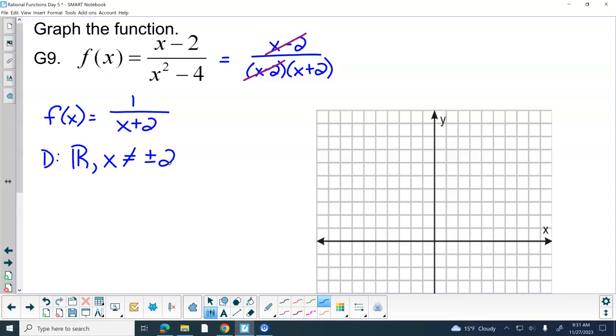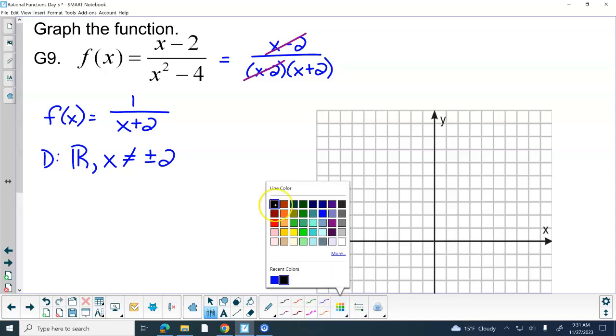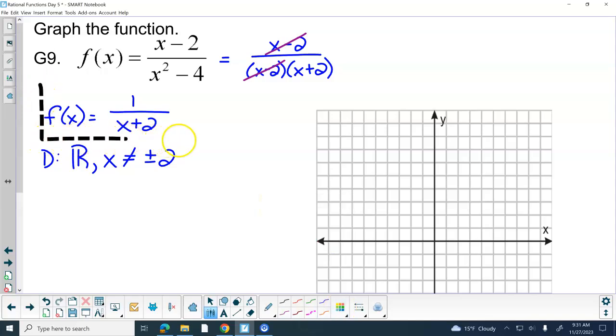With me? Now, I am looking solely at this function right here. For everything now, that function is my function. So what are the vertical asymptotes of this new function?